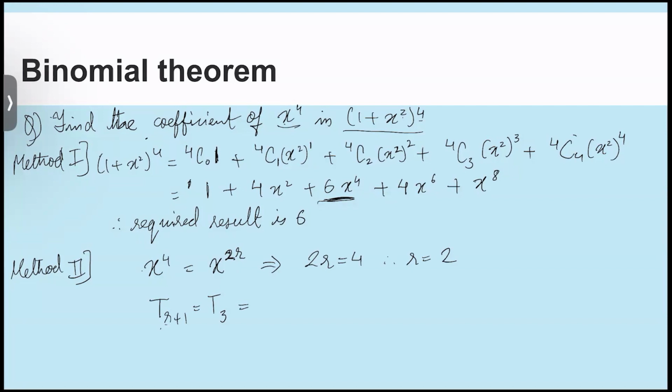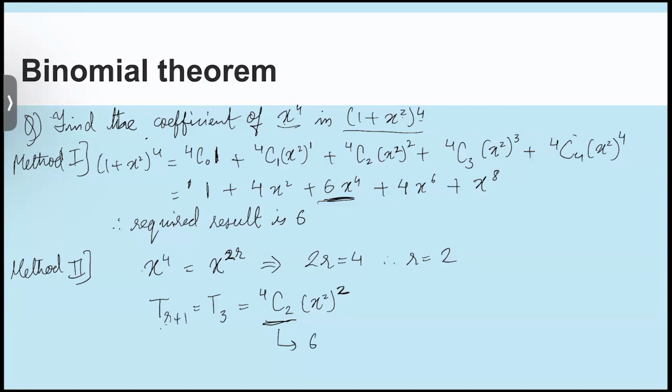Now when r is 2, nCr becomes 4C2, and you will have a raised to 4 minus 2. Here a is 1, so let's not write it. The next one is b raised to r, so b is x squared raised to r, which is 2. Now we only need to find the coefficient. 4C2, as we know, gives you 6.